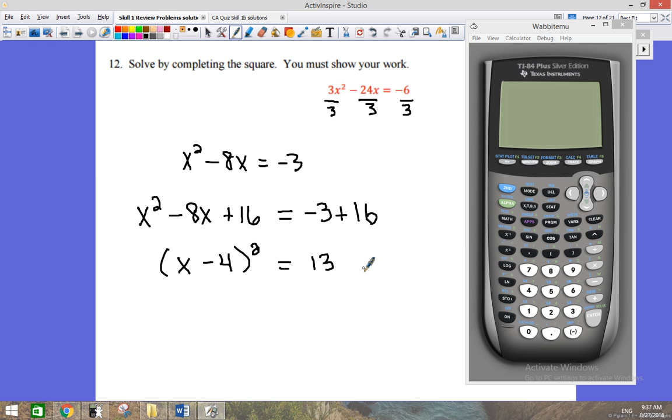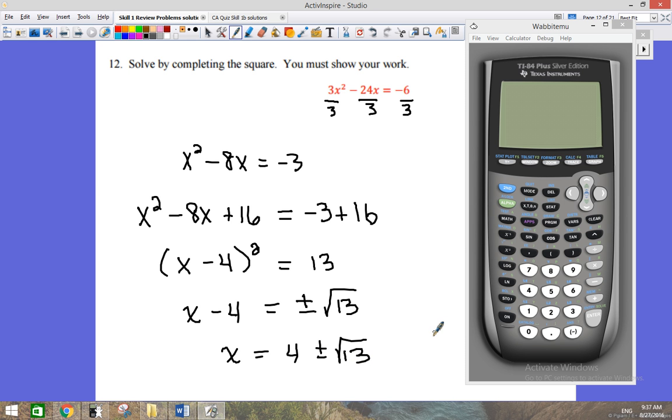So if I haven't made a silly mistake, I get 13. When I extract the square roots, I put plus or minus here because the variable is on the left, and add 4 to each side, and we're done. We've got our two solutions.